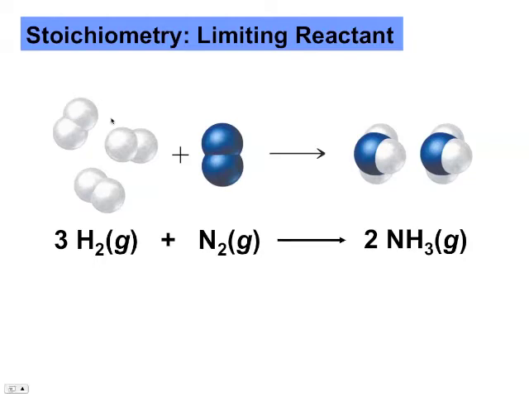We have 3 hydrogen molecules, they're diatomic, and we're considering their reaction with a nitrogen molecule, which also is diatomic. And when the hydrogen and nitrogen react, the atoms change positions to form our new molecules, NH3 or ammonia.